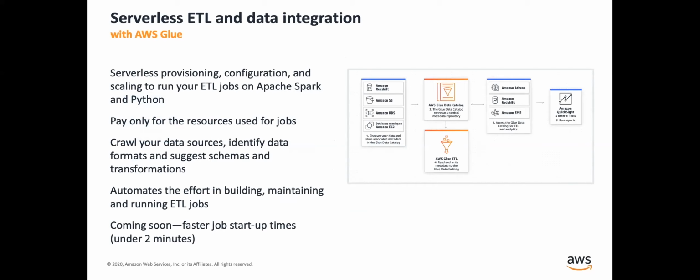So I think I will conclude my foundational services with this slide, because at the end of the day, you are data scientists. You want to use these many services for something. Primarily, I think it is because you want to do some ETL and data integration.